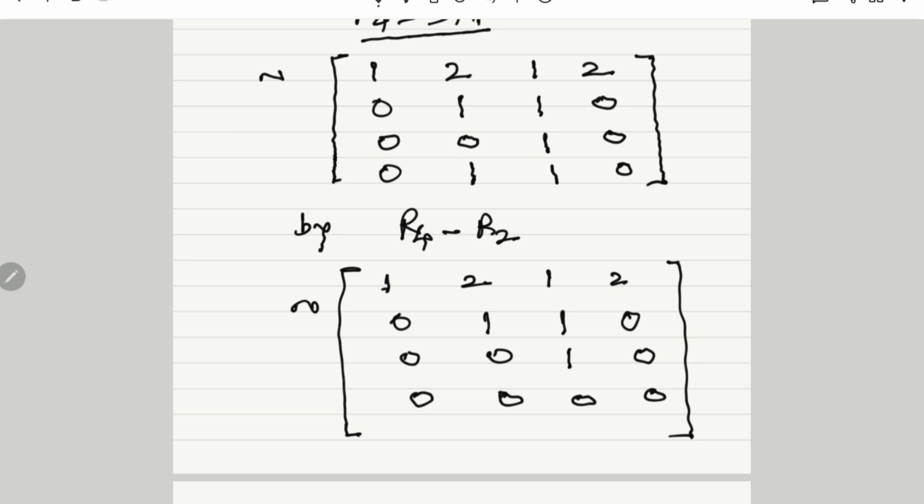Therefore if we see, first diagonal element is 1, remaining elements in that column are 0. Second diagonal element is 1, remaining elements in that column are 0. Third diagonal element is 1, remaining elements below it are 0.